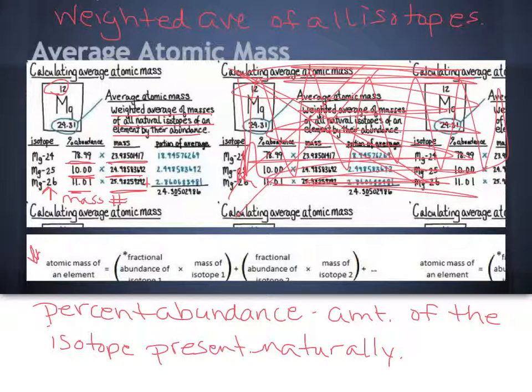Okay, let's look at another way to think of percent abundance. It's the same way that we determine your academic average. Your academic averages are what we call weighted averages.